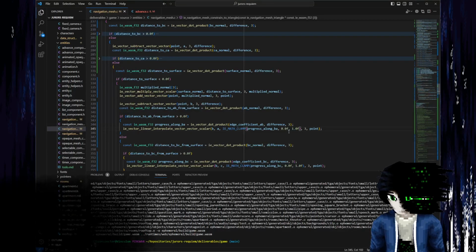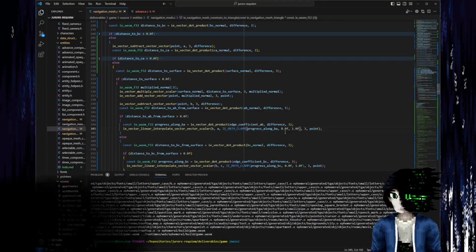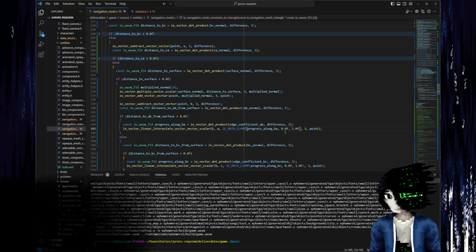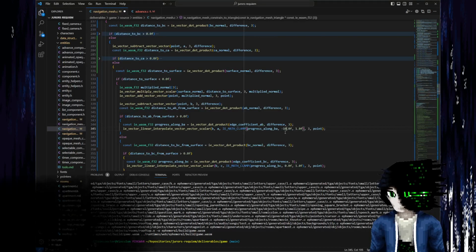We then, oh, hang on a second. Hang on a second, we're clamping this to 0 to 1, and we're expecting to be -1 to 1, right?